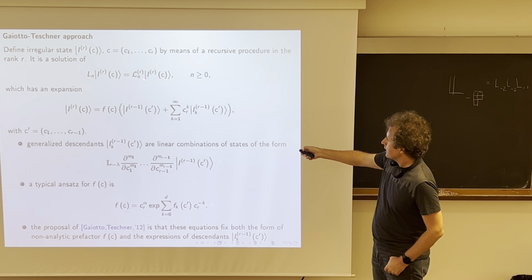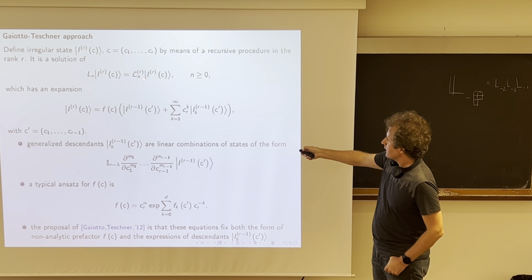So this is the starting point, and then we look for a solution of this equation in the form of the following decomposition. So we are trying to embed a rank R Whittaker state into a rank R-1 Whittaker module. And so we look for this embedding.